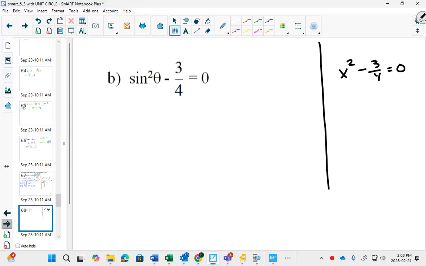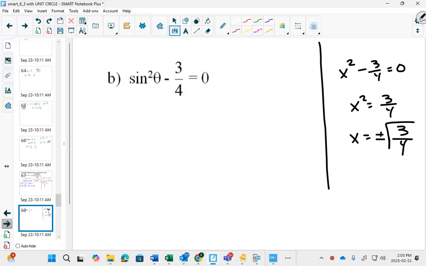Does that seem reasonable? I mean, I can factor that, but it doesn't really factor nicely. I would probably get my x squared by itself, square root both sides. Don't forget the plus or minus or lose possibly a full mark in this question.